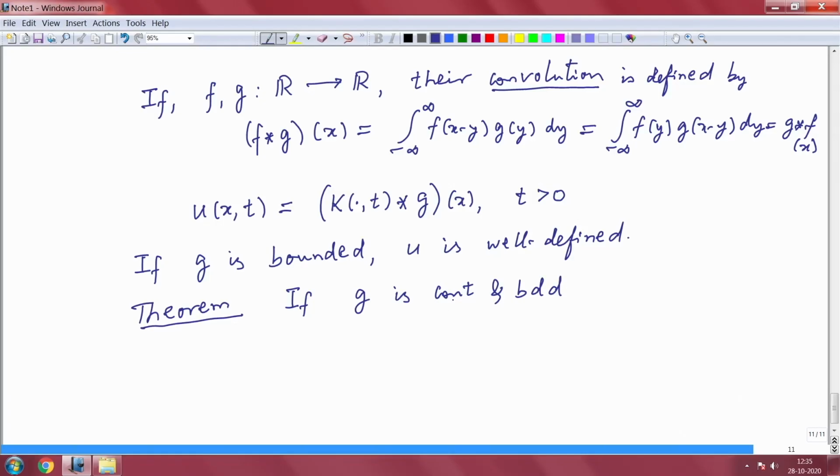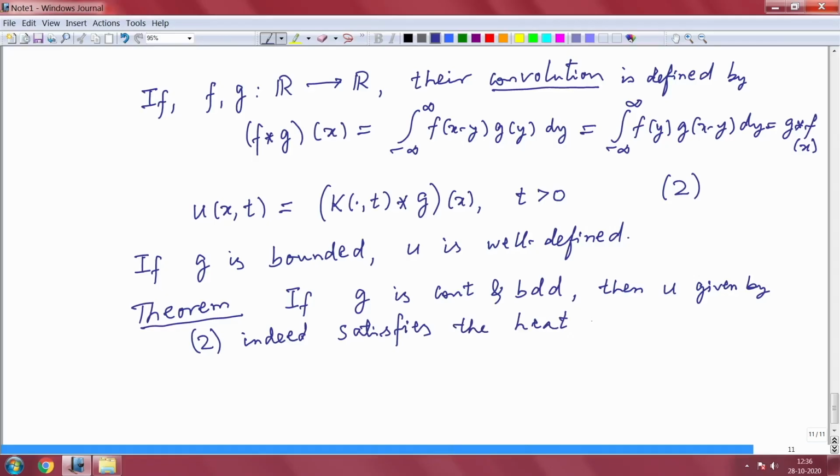Continuity is also not required if we are using Lebesgue integral, but let me just state that G is continuous and bounded, then, so let me put this as 2, then u given by 2 indeed satisfies the heat equation, t positive.